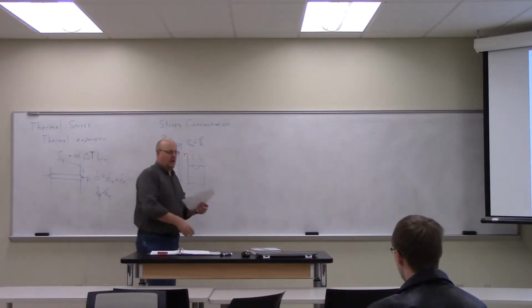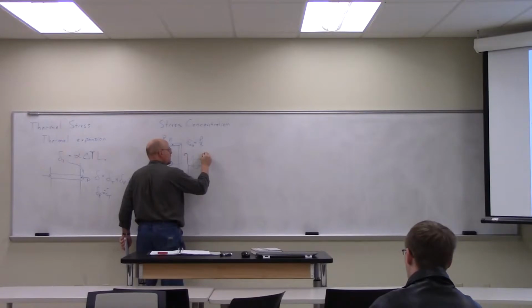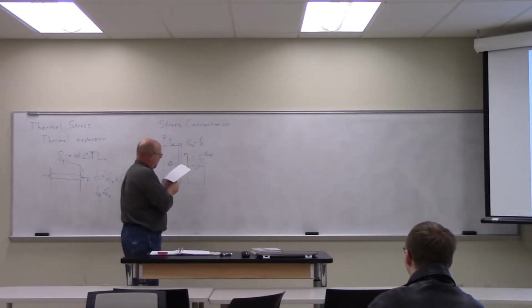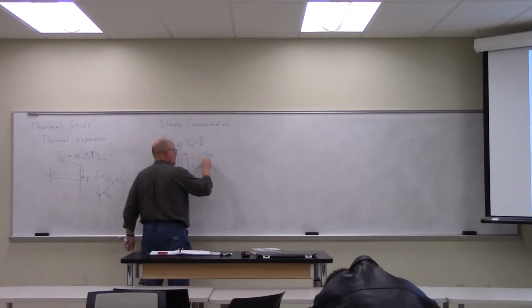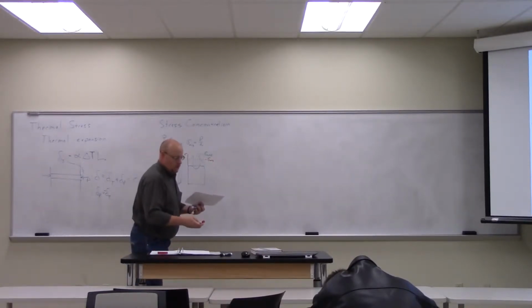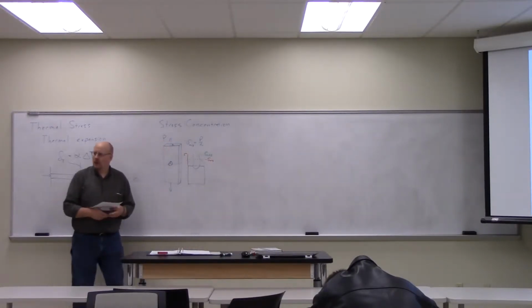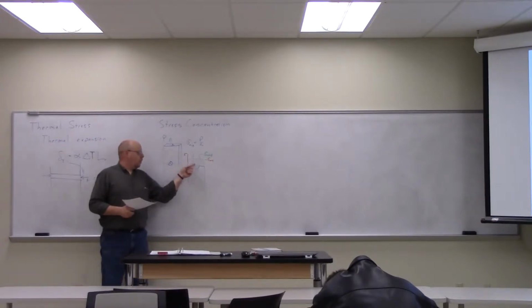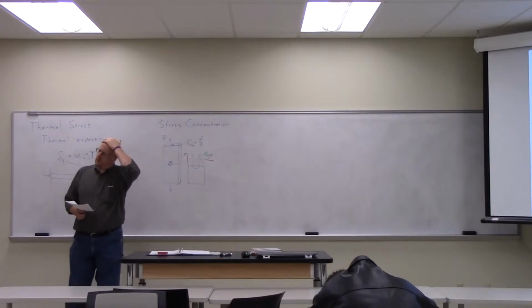So there's going to be some kind of maximum stress here that is bigger than the average stress here. Okay? So there's something about this hole that causes the stress to go up.